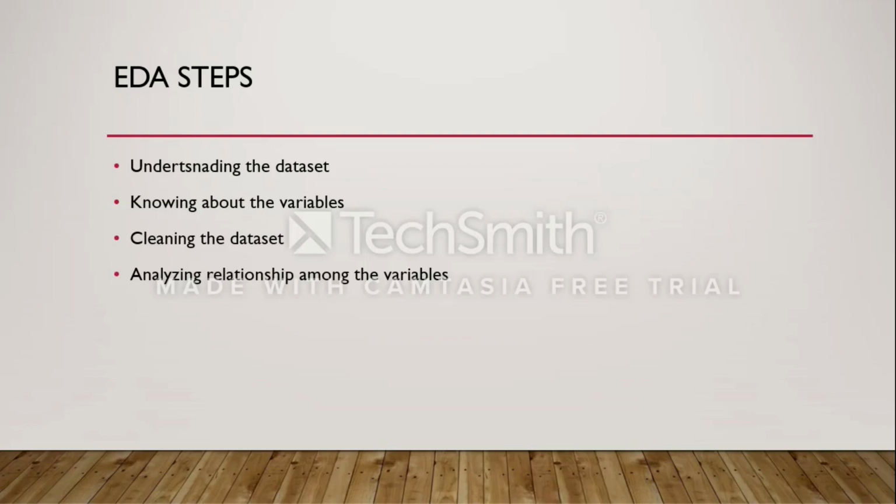Then cleaning the data set. Cleaning means maybe we can have something which is not required, there can be some duplicate records, there can be some incorrect data, there can be some missing data, so we have to take care of all these things. Then analyzing relationships among the variables. It is actually very important.